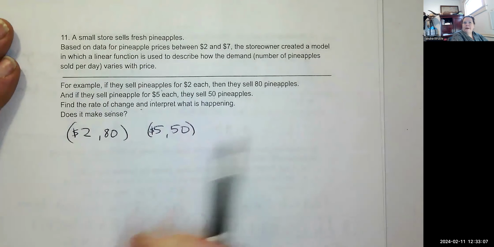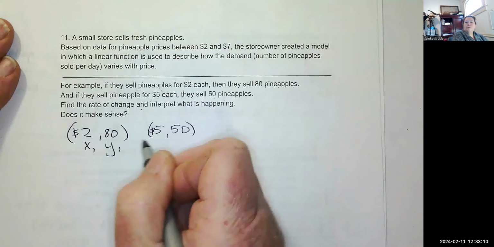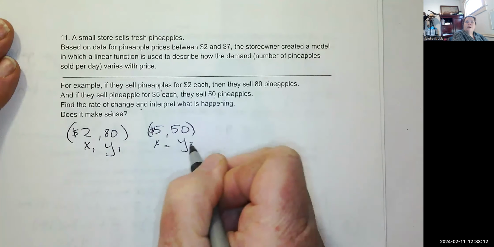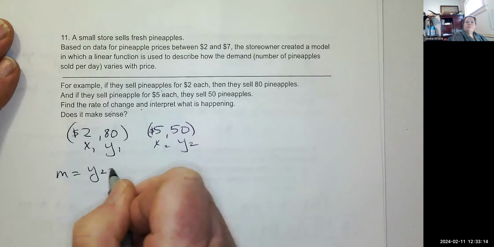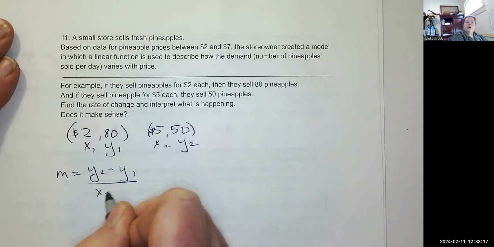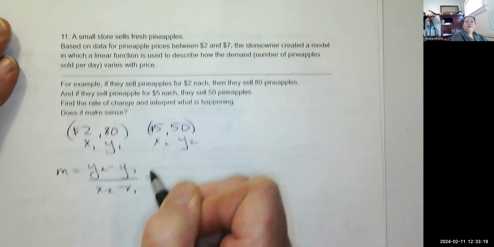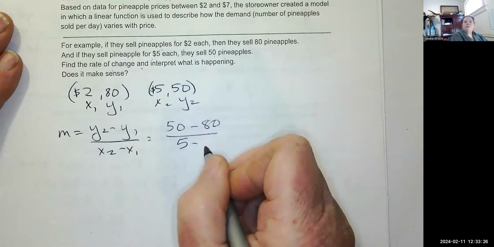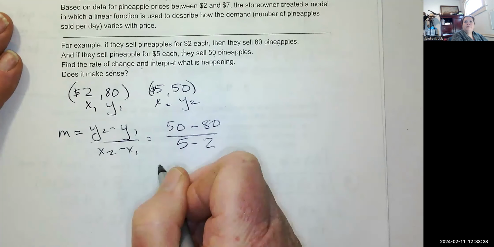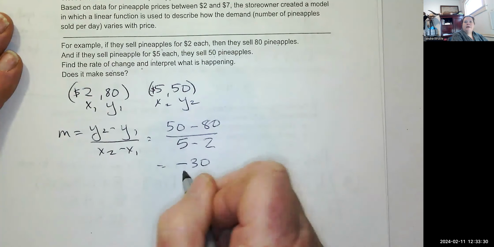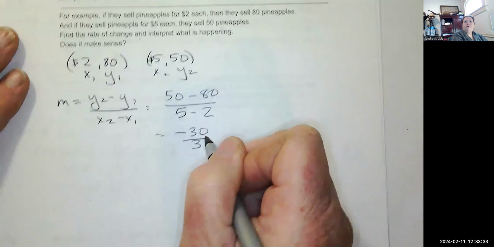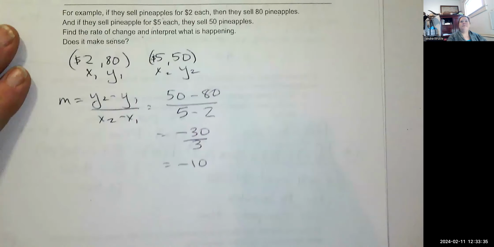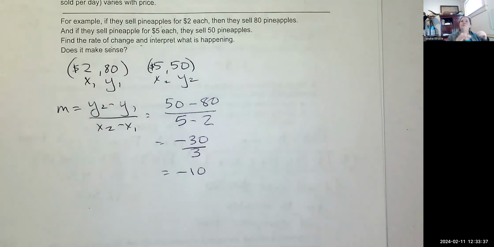This gives us two ordered pairs in which we can label x1, y1, x2, y2, and find the rate of change. y sub 2 minus y sub 1 over x sub 2 minus x sub 1. y sub 2 is 50, y sub 1 is 80, x sub 2 is 5, x sub 1 is 2. 50 minus 80 is negative 30, 5 minus 2 is 3. This becomes negative 10.